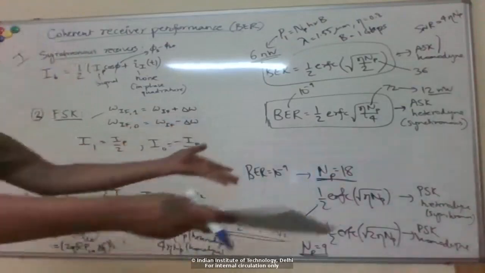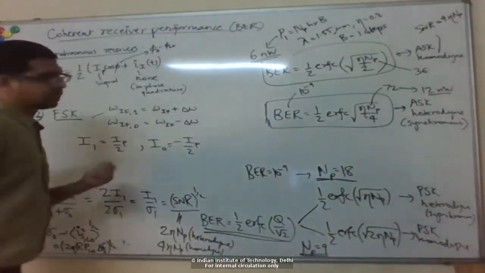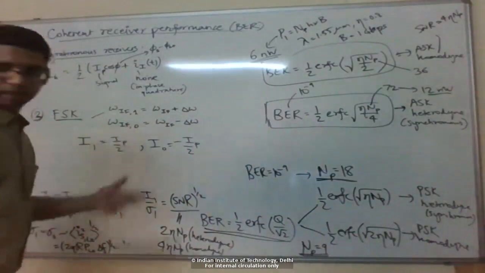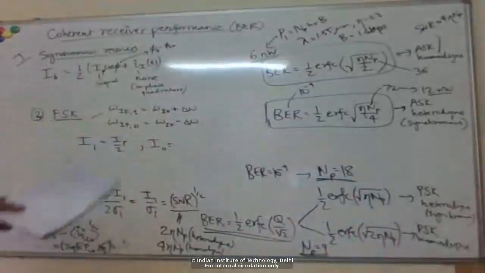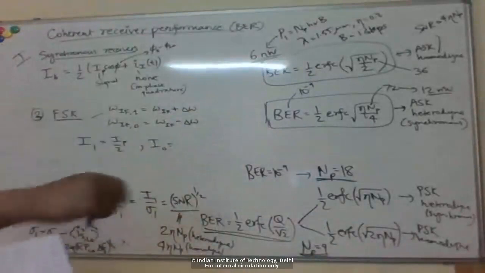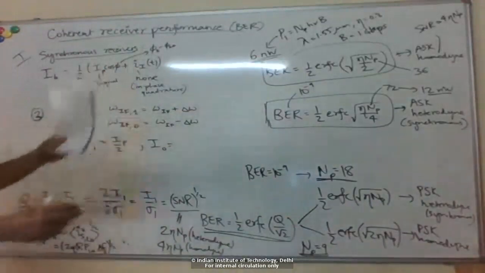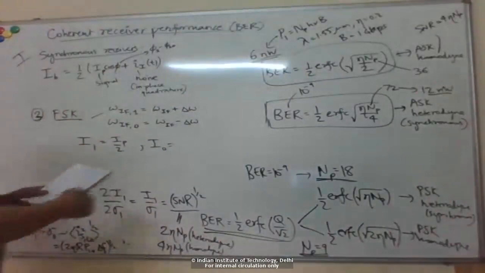So it's like two ASK receivers in parallel. You do the carrier recovery, then beat with the signal, and then do low pass filtering. Then basically you get the same current as for the ASK, so I0 is 0.